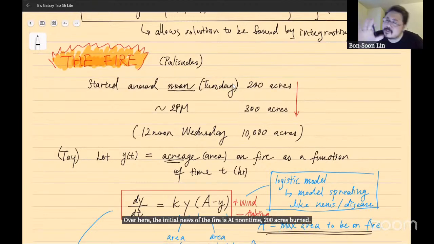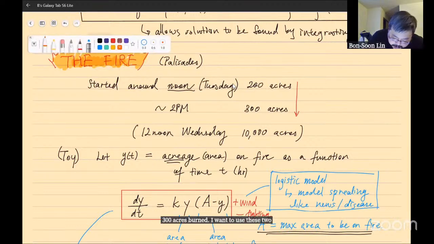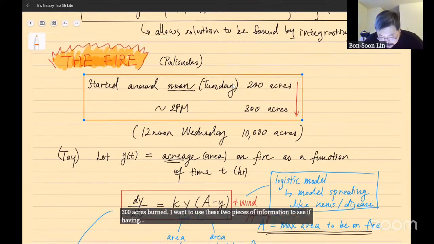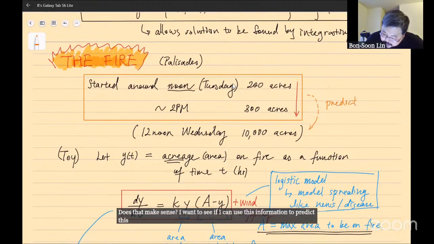At 2 p.m., let's say round up, 300 acres burned. I want to use these two pieces of information to see if having 10,000 acres burned at 12 noon next day is reasonable. Does that make sense?